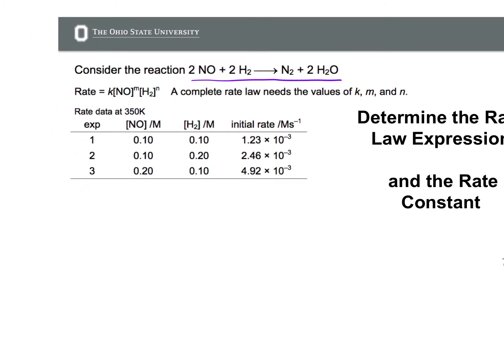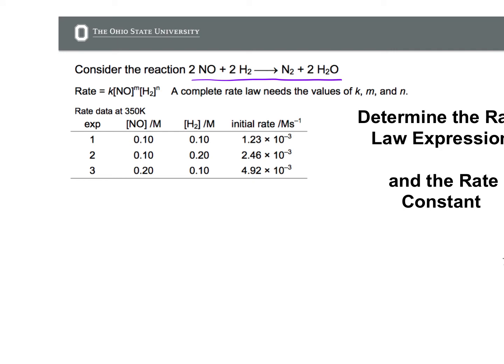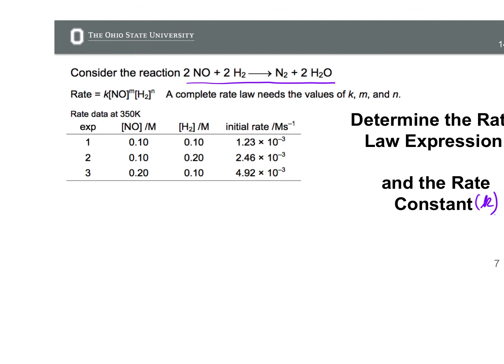So let's determine the rate law expression first, and then from that, we're going to determine the rate constant K. I'm going to let you all work on this one for a couple minutes, and then we will work on it together. Feel free to work with your neighbors.